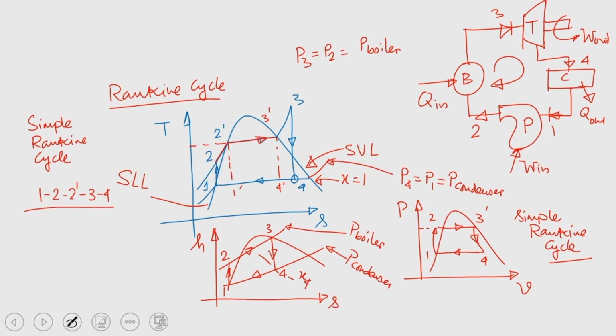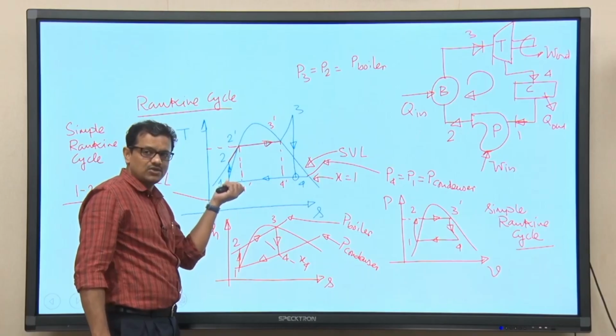So, if we consider 1 prime, 2 prime, 3 prime and 4 prime is the Rankine cycle, that is what we have seen in the previous slide, but now the problem associated with the partial condensation has not been there, and we are having the liquid at point 1, that is saturated liquid.